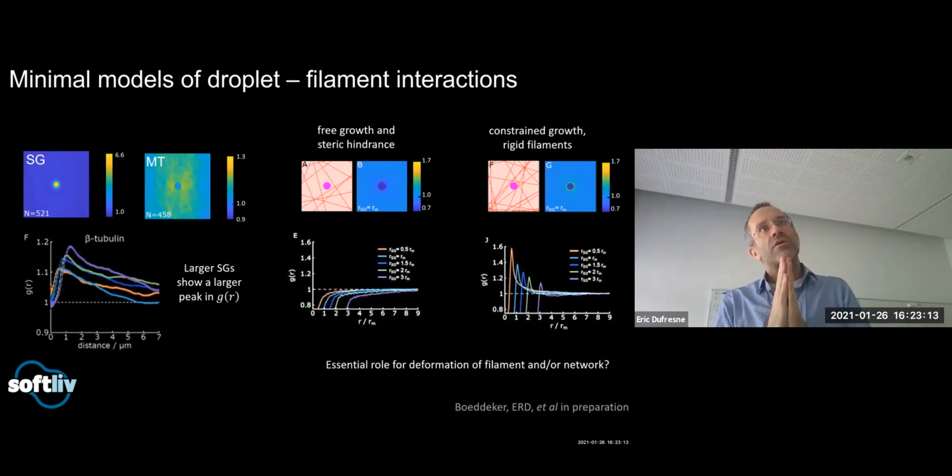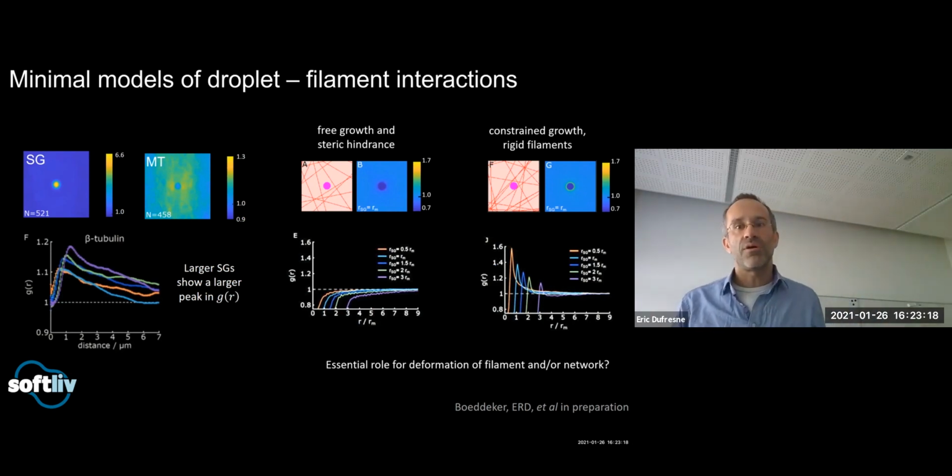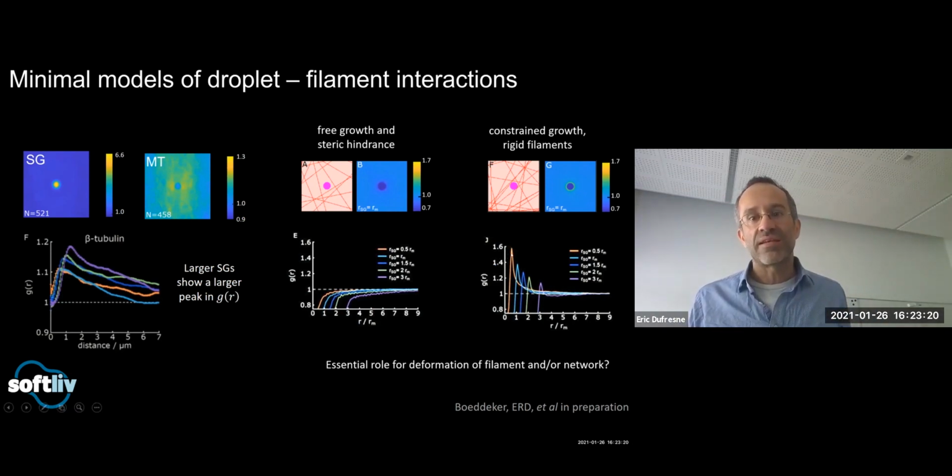If we always grow until we hit the microtubule, then you can see that we get this nice increase in the microtubule intensity at the surface of the droplet that is consistent with our data.